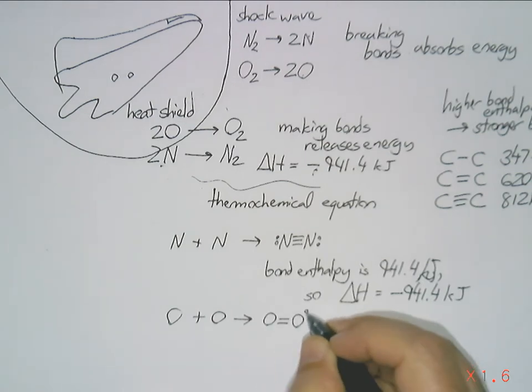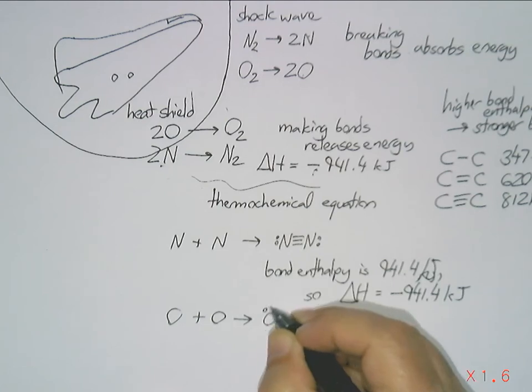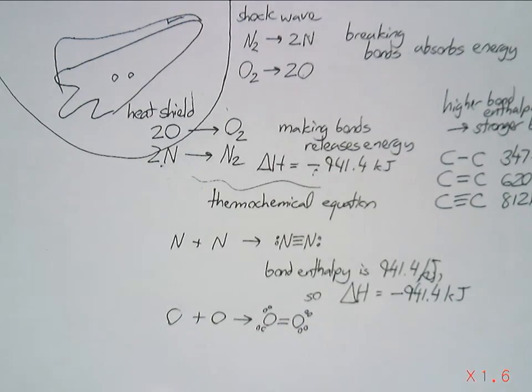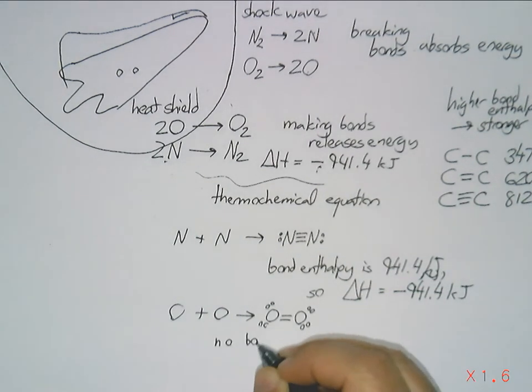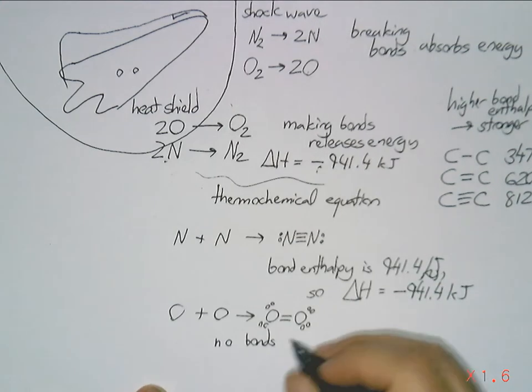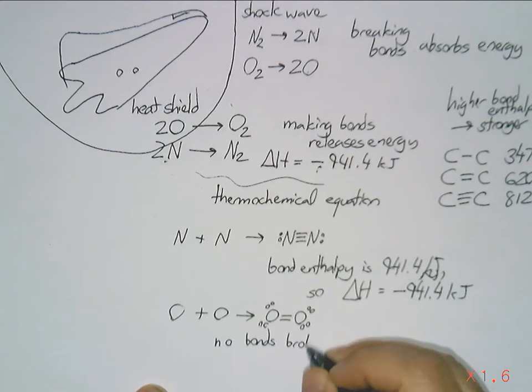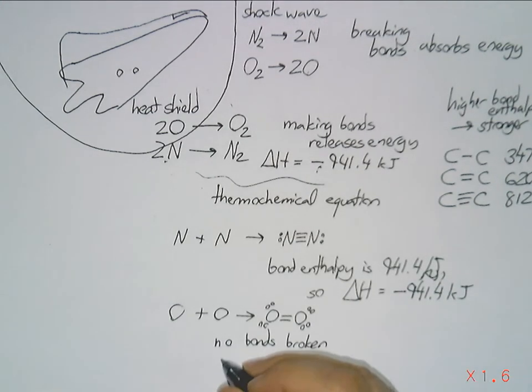If I do the Lewis structure for that, I can see that there's a double bond in there. So there's no bonds broken. There's one bond formed.